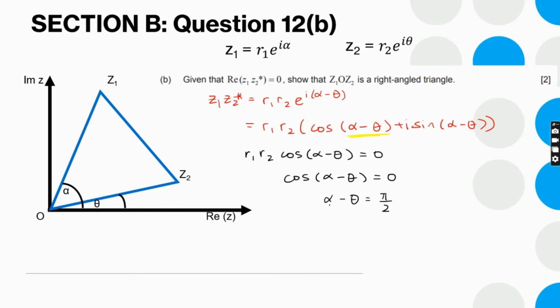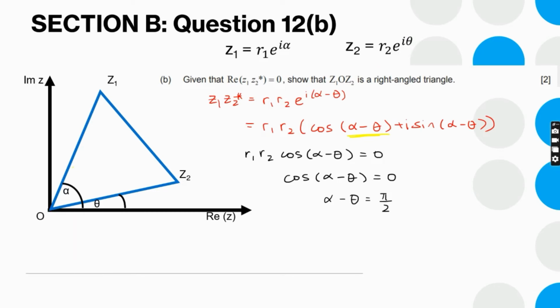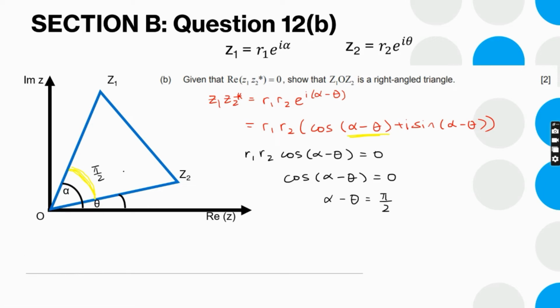So since alpha minus theta is equal to 90 degrees, this part of the triangle is 90 degrees. Hence, we can conclude that the triangle Z1 O Z2 is a right angle triangle.